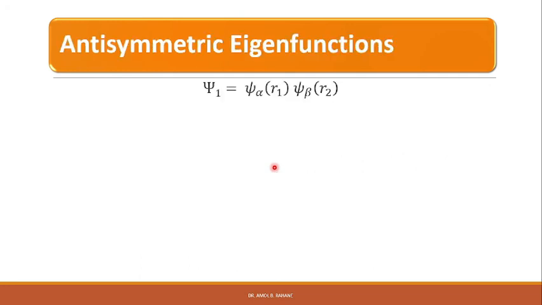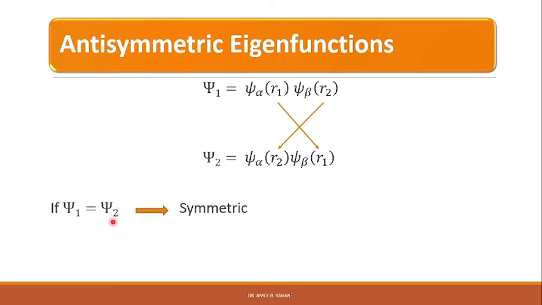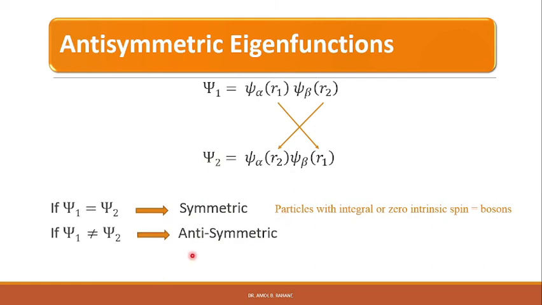So what is meant by antisymmetric eigenfunctions? Let's say this is a particular eigenfunction that consists of two electrons with position coordinates r1 and r2, and if we swap these two electrons, we get a new wave function. If these two wave functions are equal, then we can say that our wave function is symmetric. If it is not equal, then we can say that it is antisymmetric.